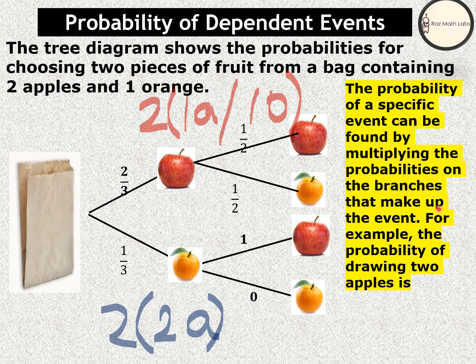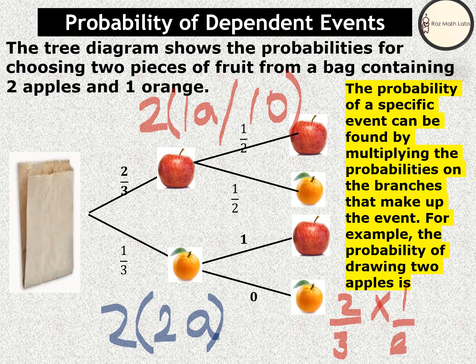The probability of a specific event can be found by multiplying the probabilities on the branches that make the event. For example, if I need to calculate the probability of the outcome both being apples, we multiply the probabilities on the branches. So we multiply 2 over 3 by 1 over 2.